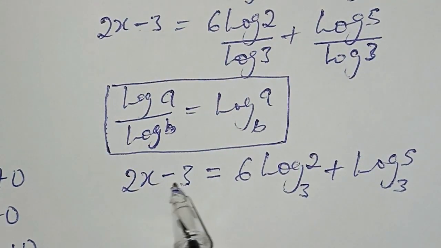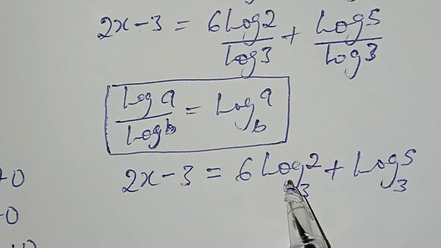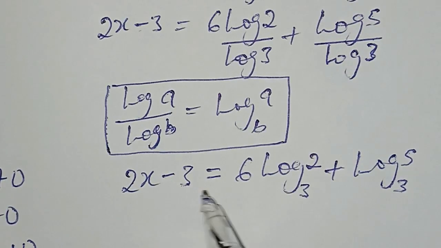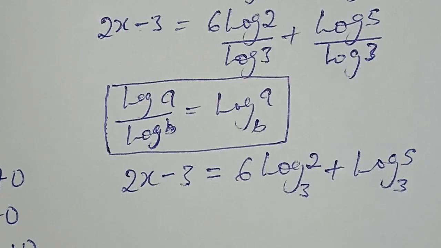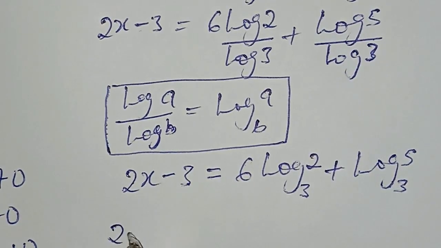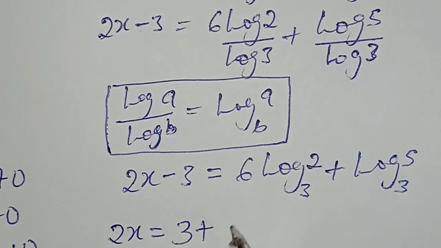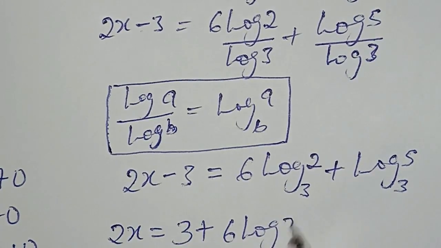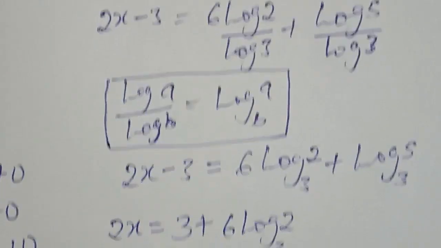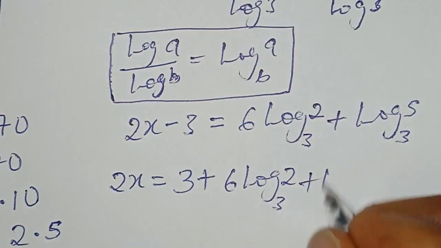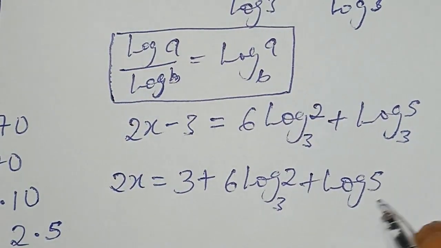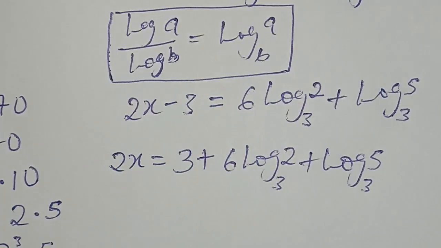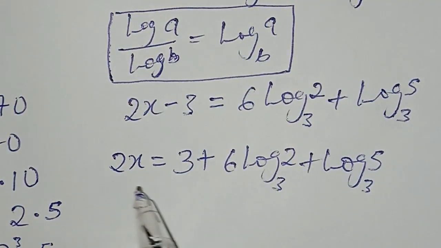Now we can move this 3 to the right hand side, or better still, we add 3 to both sides, and that gives us 2x will now be equal to 3 plus 6 log 2 base of 3 plus log 5 base of 3. We can isolate x now by dividing both sides by 2.